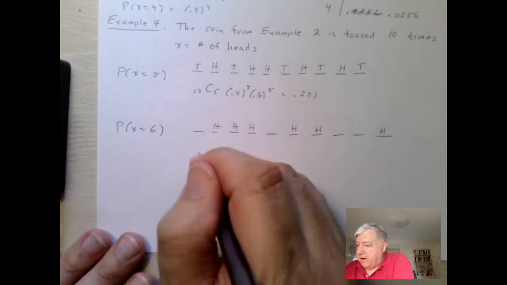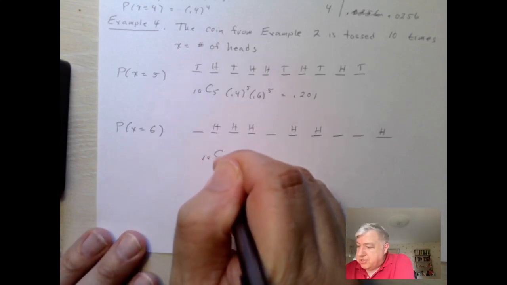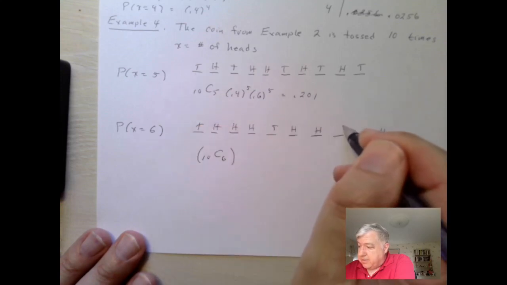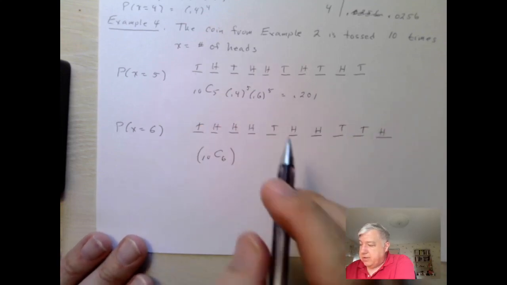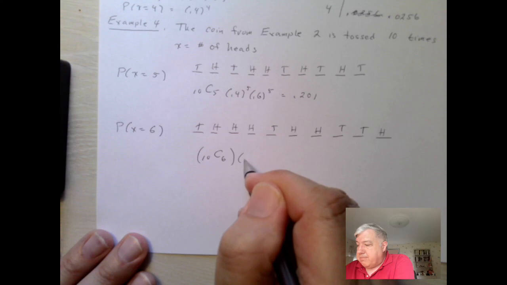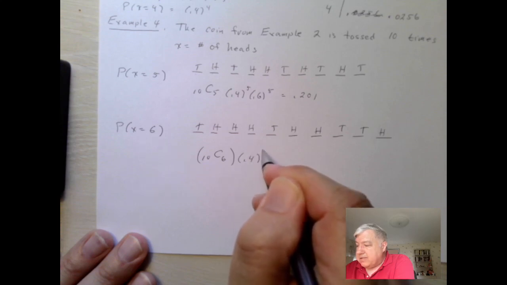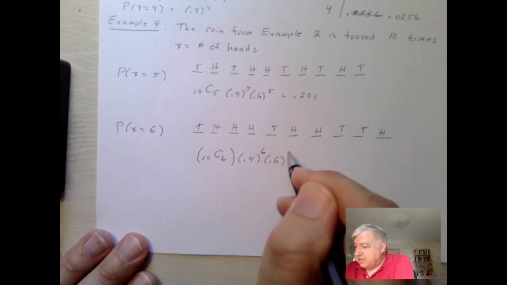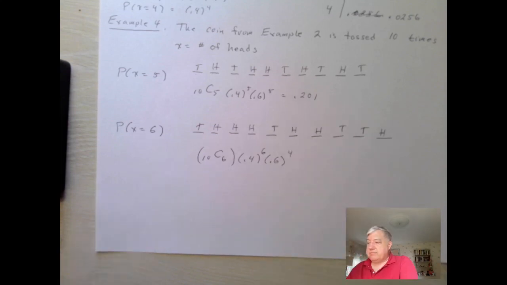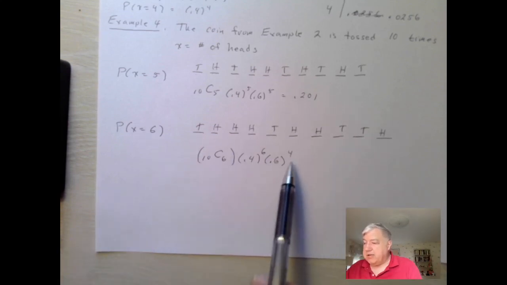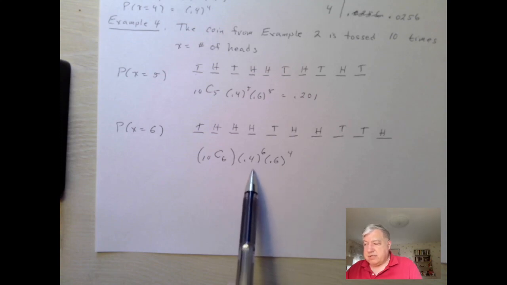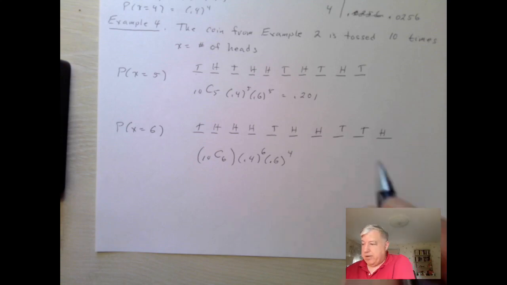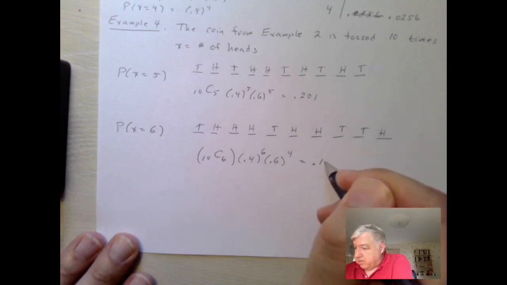So there are 10 choose 6 ways this can happen, and all the other outcomes are tails. The probability of this would be 0.4 to the 6th power times 0.6 to the 4th power, because you have 4 tails and 6 heads. And this turns out to be 0.111.